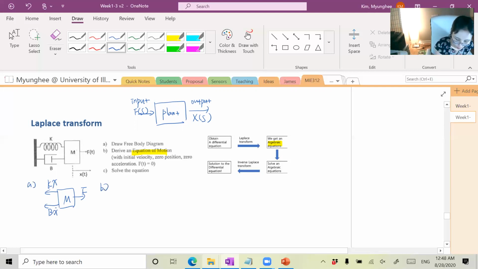And the equation of motion can be m x double dot equals F minus kx minus bx dot. So we can arrange this, then we get a familiar equation.